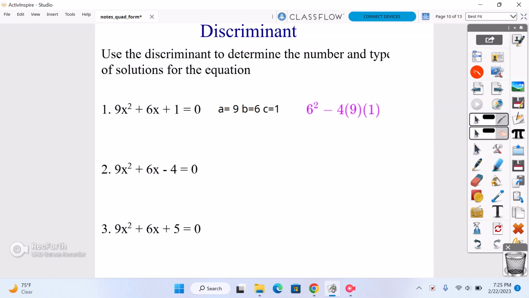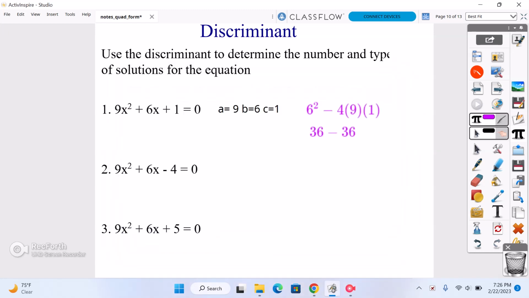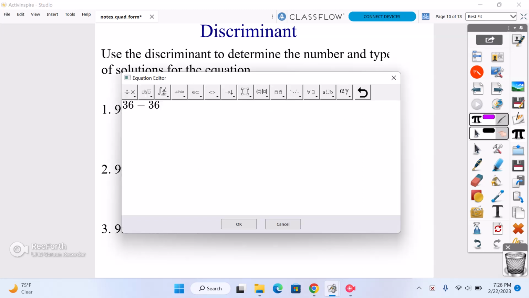And you can go ahead and type all of that into your calculator or multiply this out. We know that 6 squared is 36 minus 4 times 9 times 1, which is also 36. And so we end up with 36 minus 36, or we end up with 0.